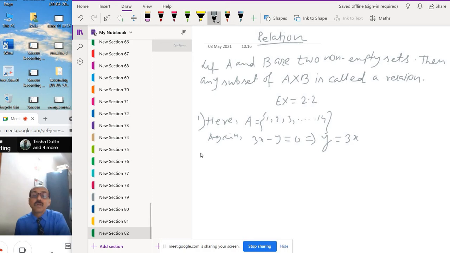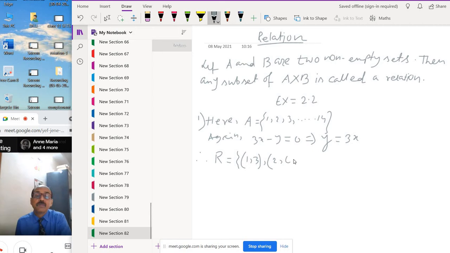First take x equal to 1. Then y equals 3 into 1, which is 3. That means 1 comma 3. Then x equal to 2: 3 into 2 is 6, so 2 comma 6.